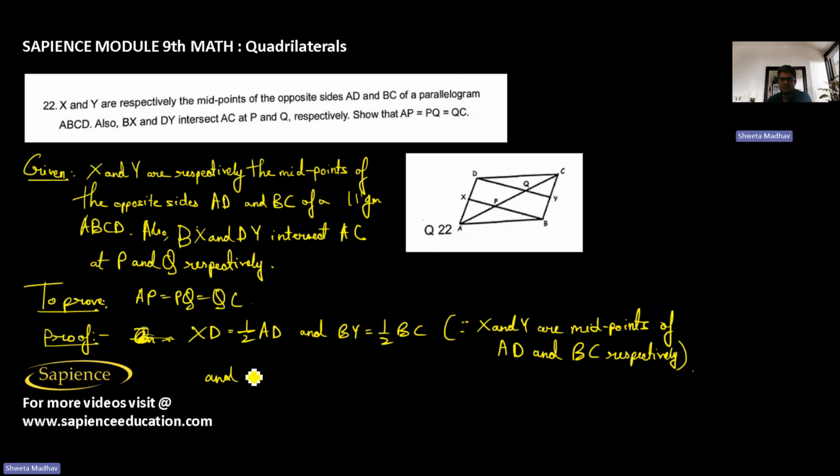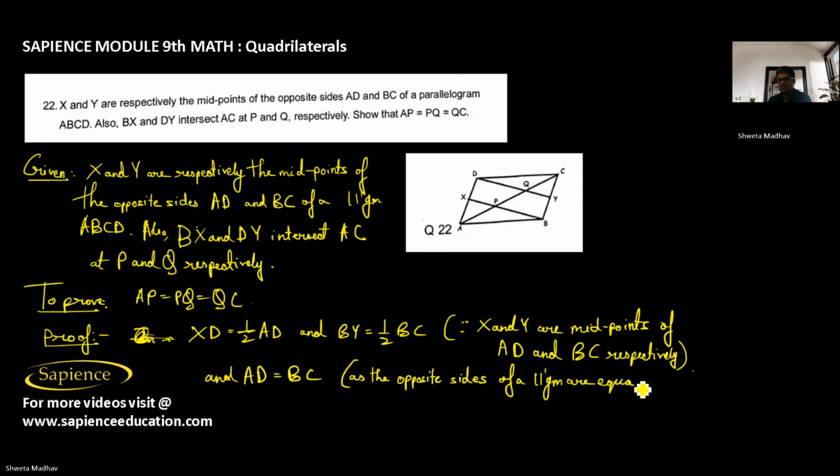And also we can see that AD equals BC, as opposite sides of a parallelogram are equal.